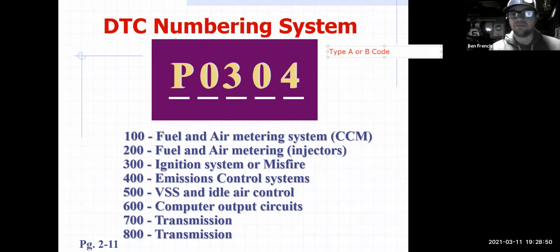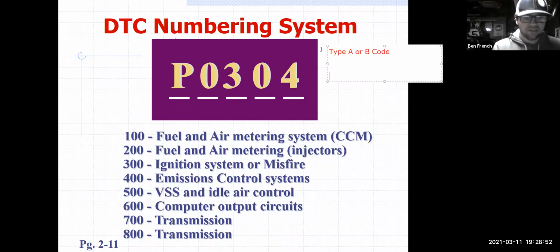Okay, well, what's the difference? Type A, the MIL is on first trip.